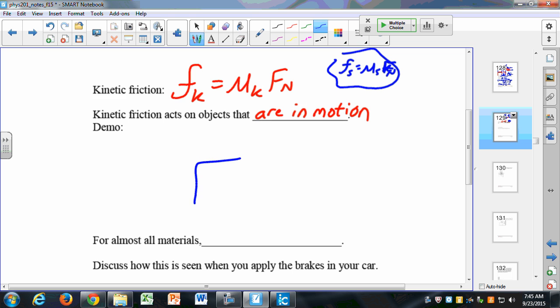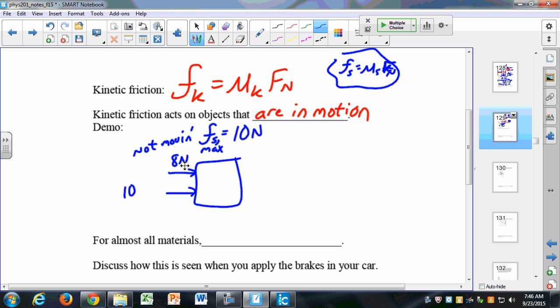So if I have an object, let's say that Fs max, which I'm going to imply, I'm going to write it here, but normally I won't write it, is 10 newtons. If I push on it with 8 newtons, not moving. If I push on it with 10.01 newtons, then it does move.